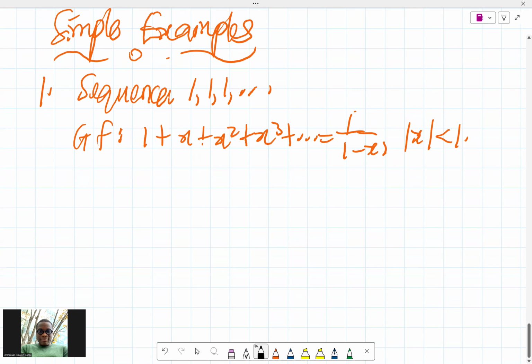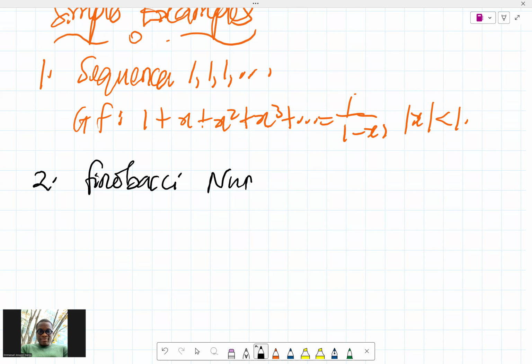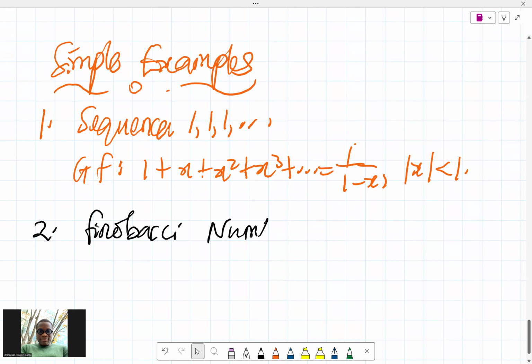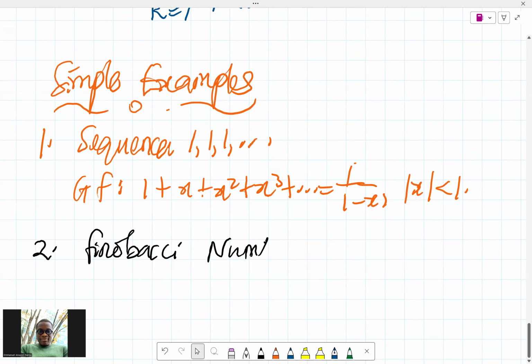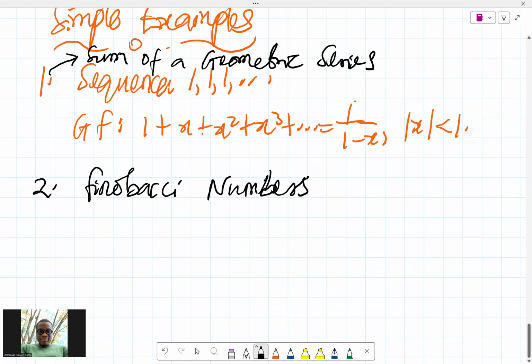That is the sum of a geometric series. Then here we have Fibonacci numbers, a very popular sequence.